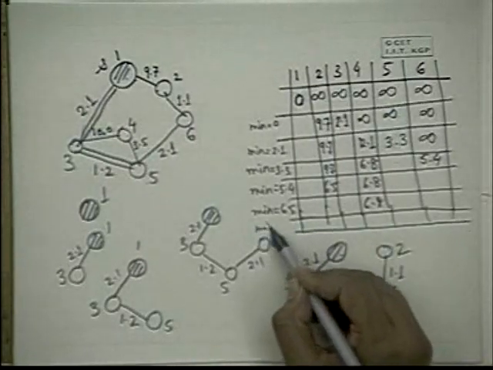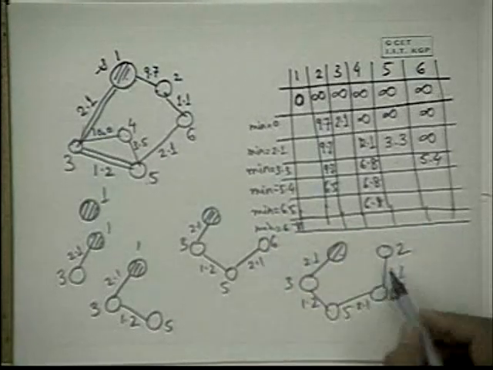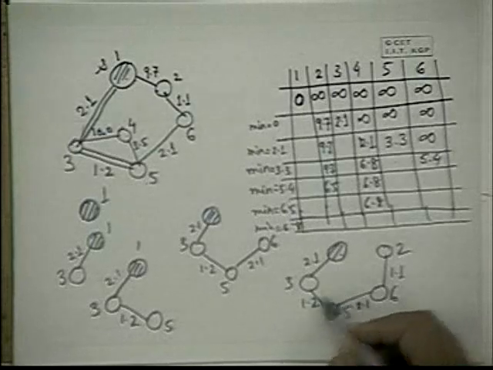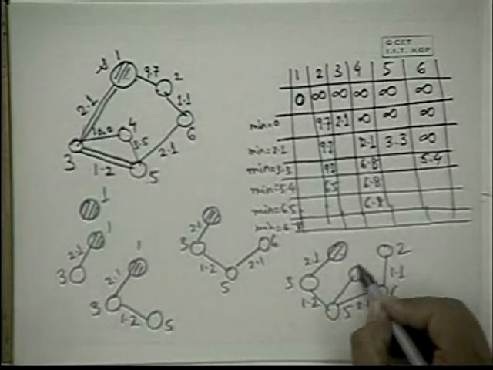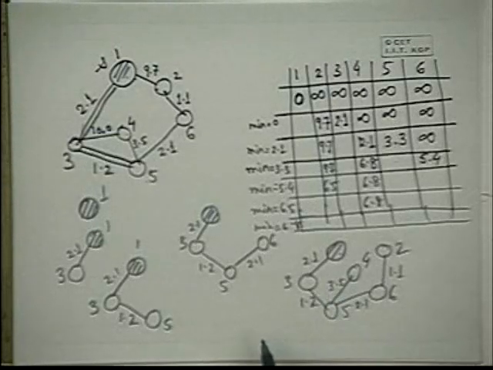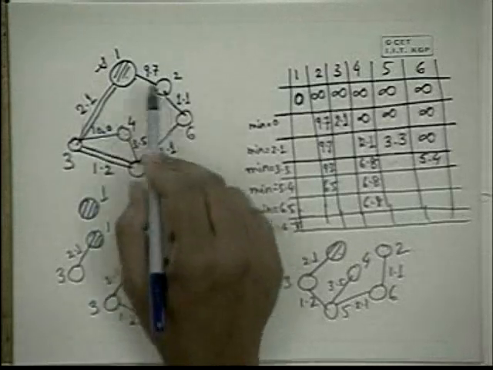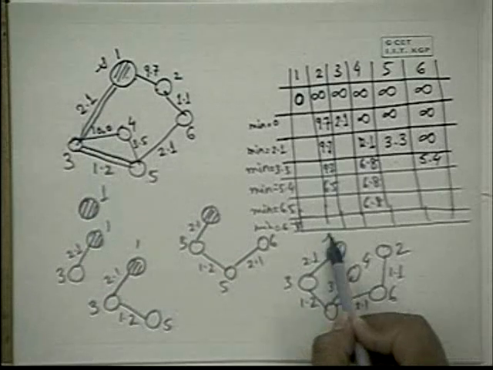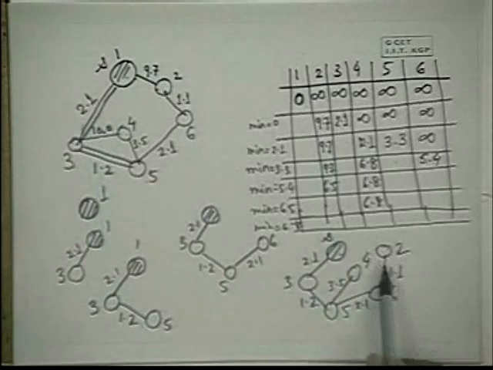So next time what will be your minimum? The minimum is 6.8, and you will get basically the final tree, which will join 4 here. So it will be 3.5. So you will get the entire shortest path now. So starting from the source vertex S, this is the tree you will get.